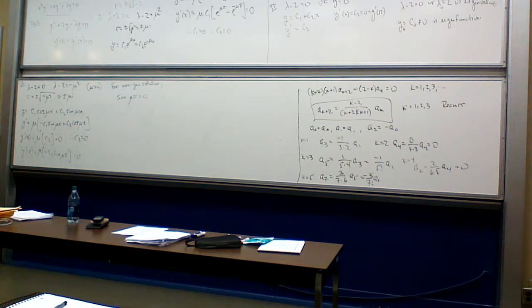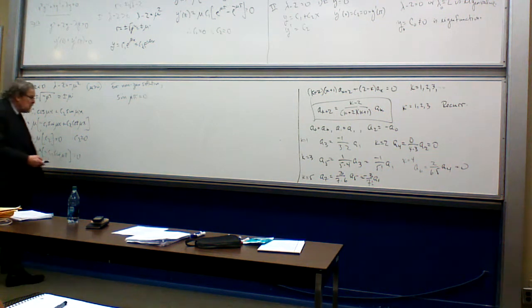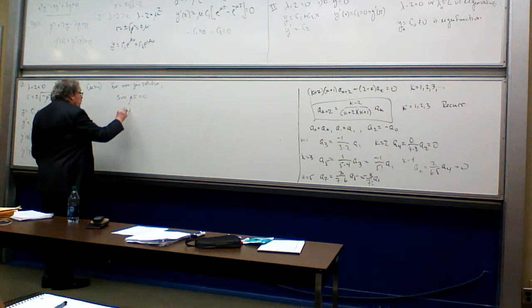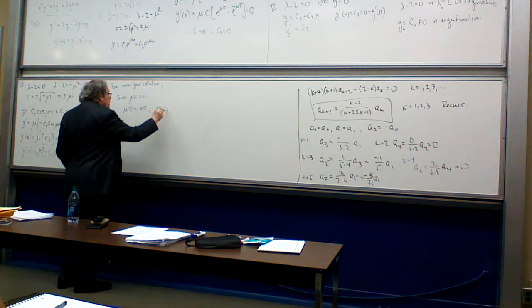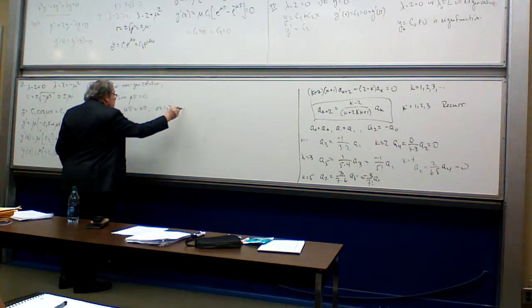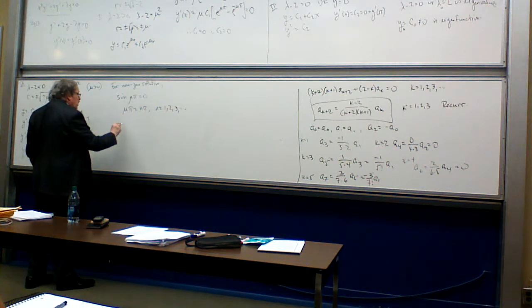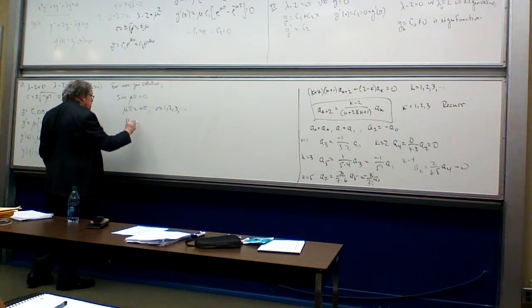Well, the sine of something is 0 if that's a multiple of pi. So mu pi is n pi, n equal 1, 2, and so on, or mu sub n is n.